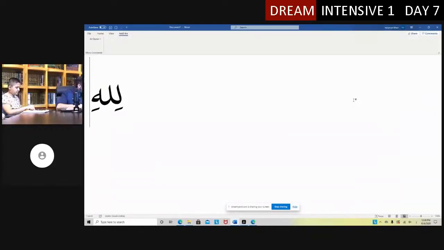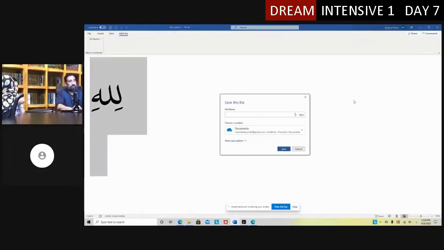Other questions before we wrap up? When we're looking at idafa strings, how do we determine the properties of the whole string? Just the mudaf. Once you figure out the mudaf, you can speak for the whole thing. So in Maliki Yawmiddin, where we have two mudafs, what do we do?